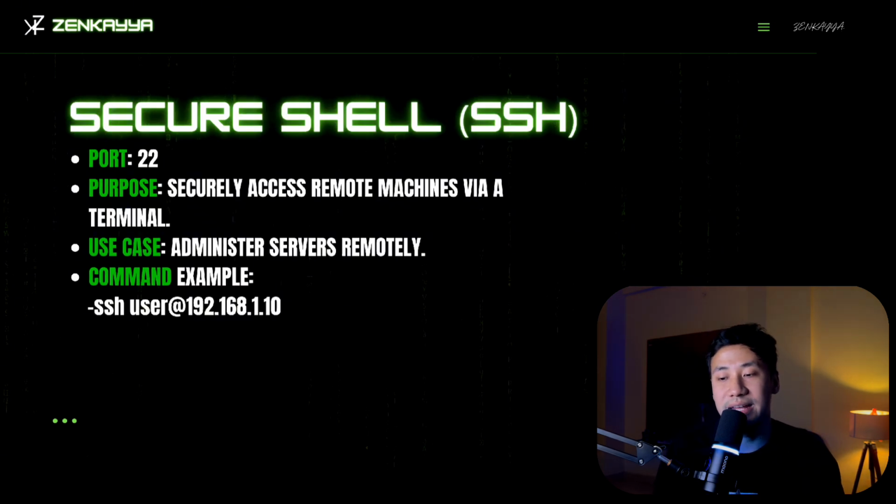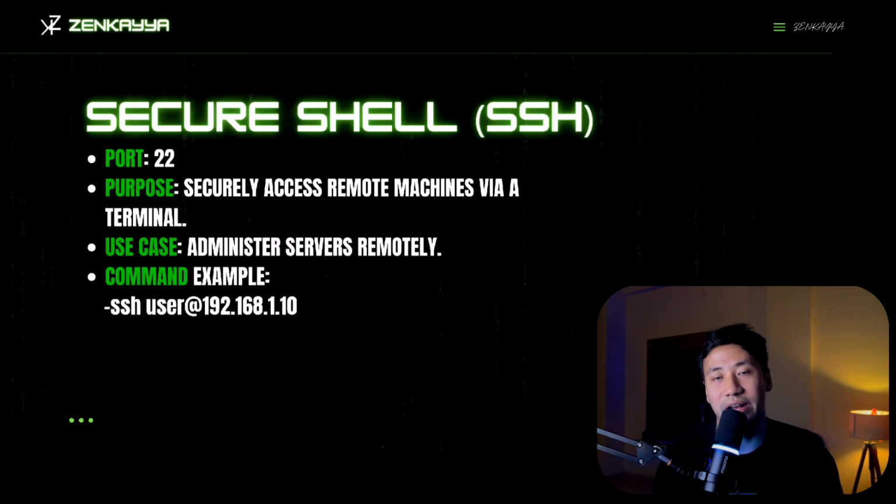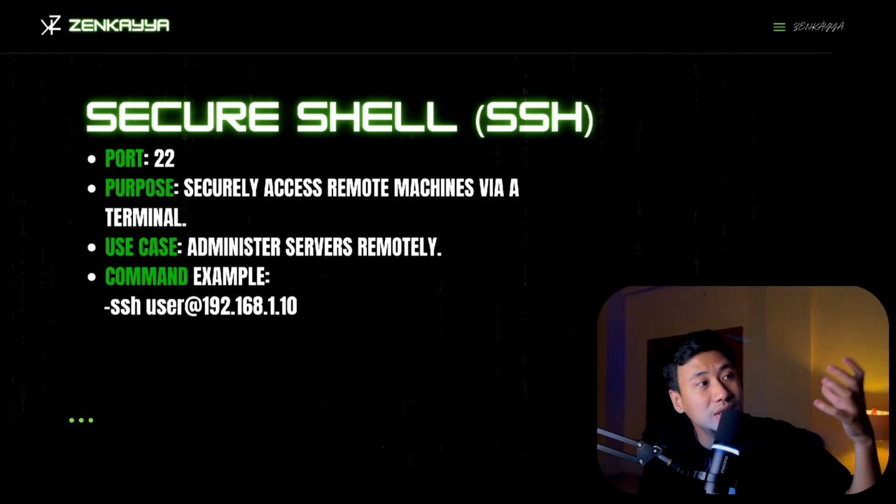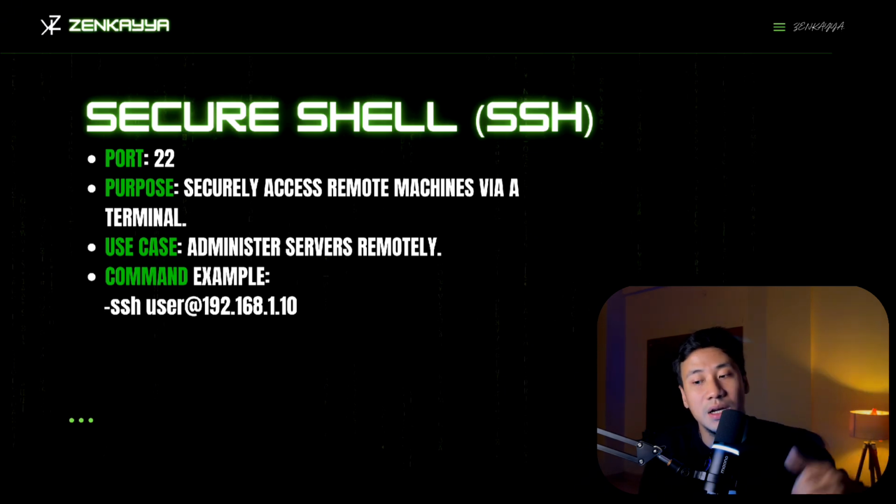Very important. Next is Secure Shell. Imagine if there is no website, imagine if there is no WhatsApp, how can you communicate with another device? You can communicate using Secure Shell, also known as SSH. Port number is 22. It gives secure access to a remote machine via a terminal. You can access someone else's device using this SSH protocol.